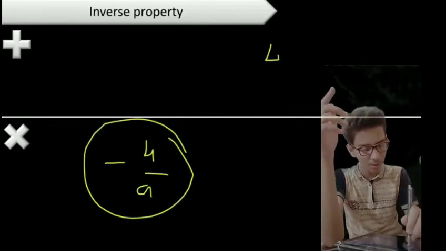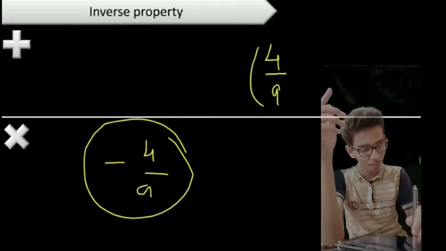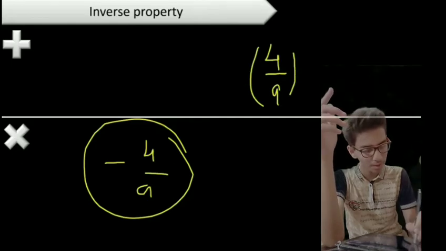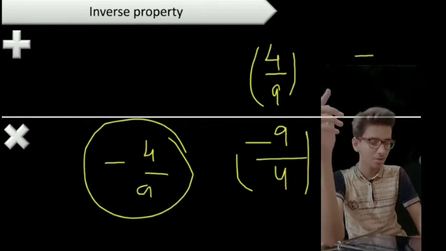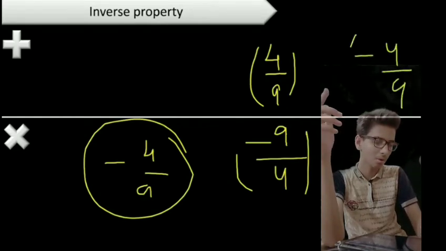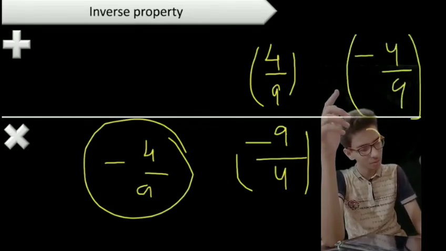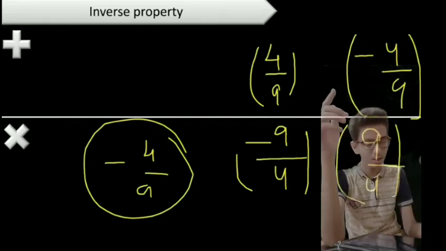Is it 4 by 9? Is it minus 9 by 4? Is it minus 4 by 9? Is it 9 by 4? Which option is correct?